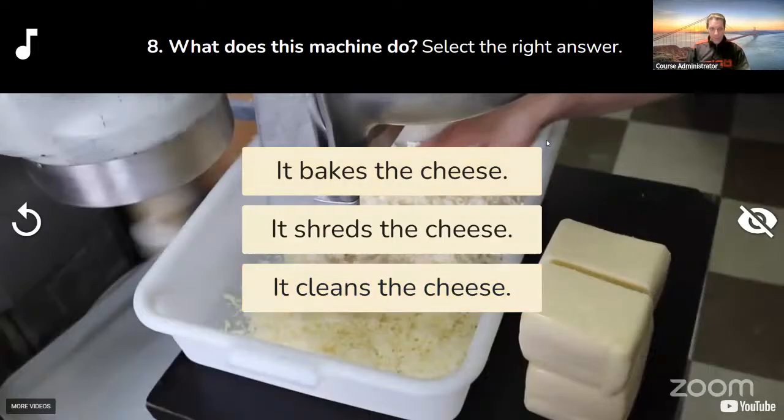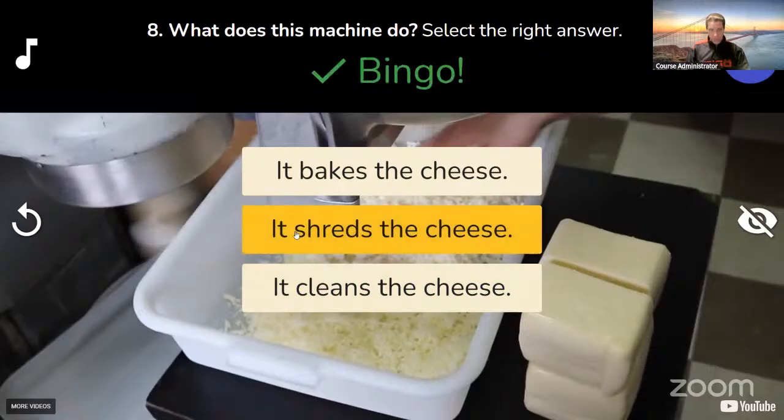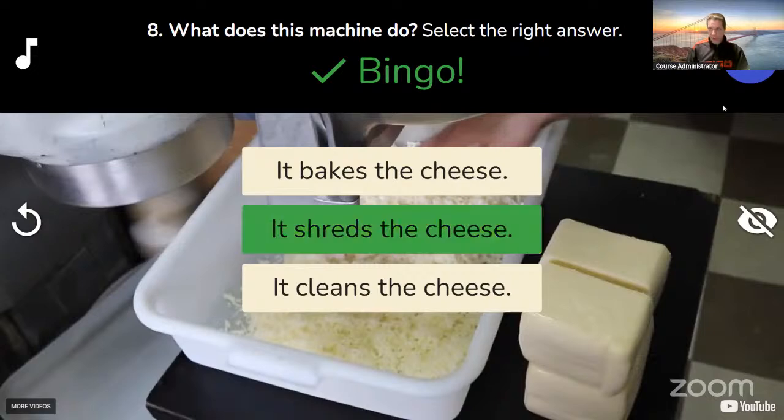Or what is done with this machine? Okay, so what does this machine do? It shreds the cheese. Or of course, we can also say the cheese is shred by the machine, or the cheese is being shred by the machine.